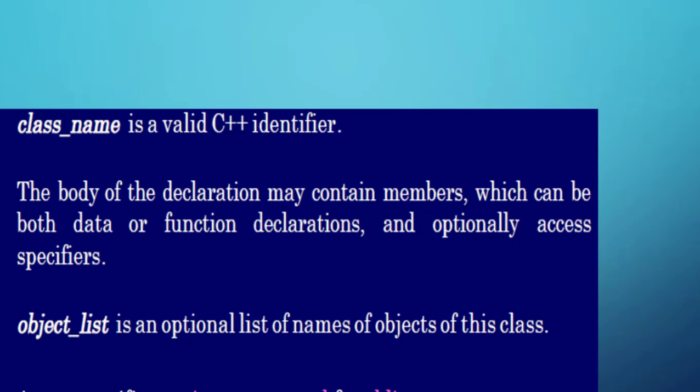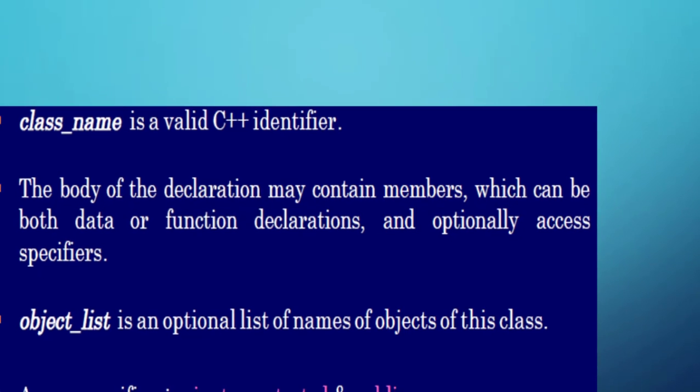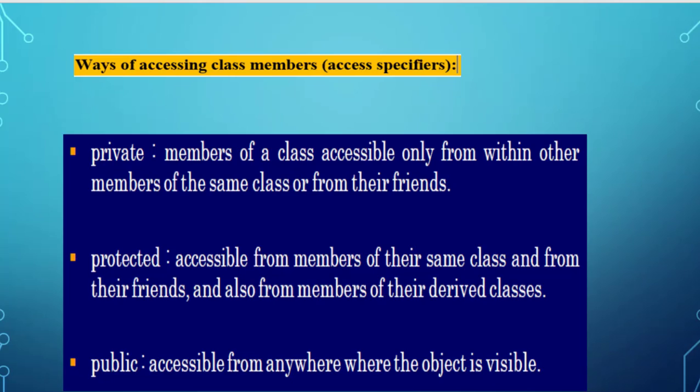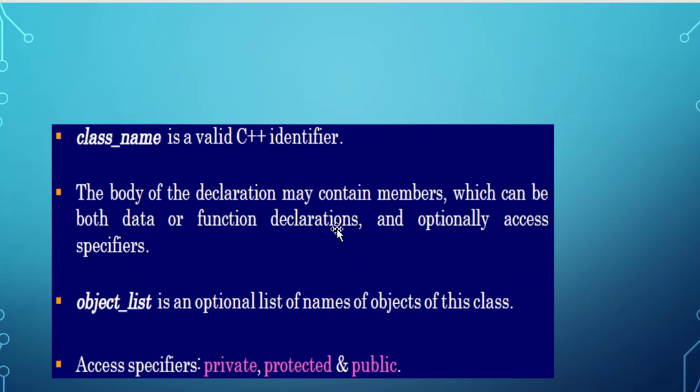Now in this syntax that we have seen, the class name is a valid C++ identifier. It is an identifier that you can give as the class name. Then the body of declaration may contain members which can be both data and function declaration, and optional access specifiers.